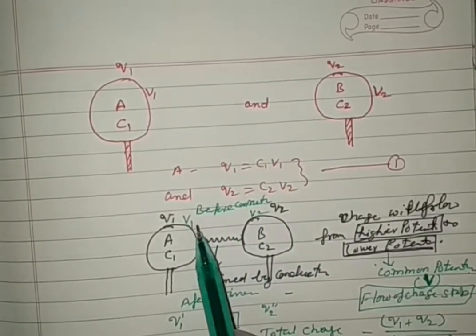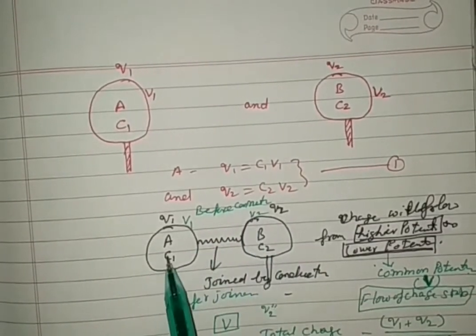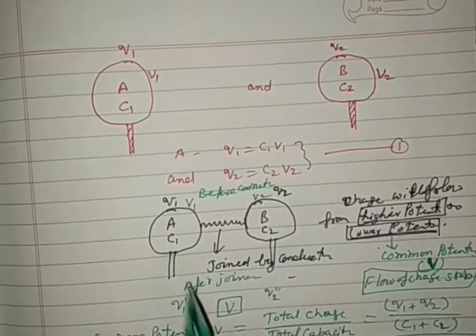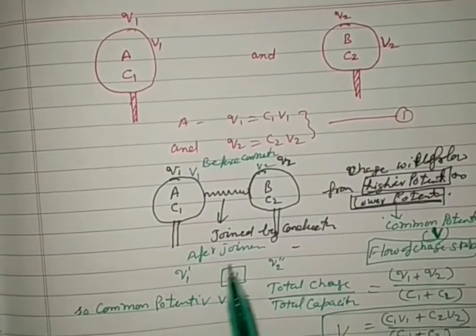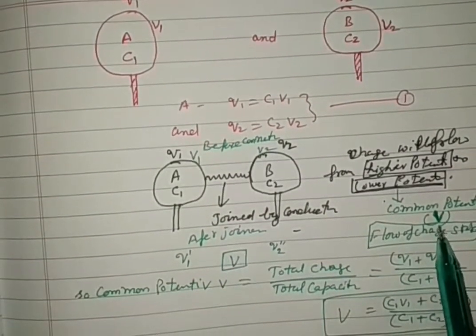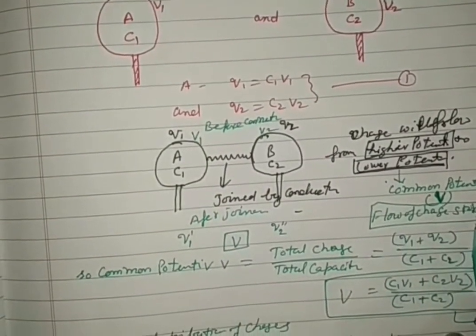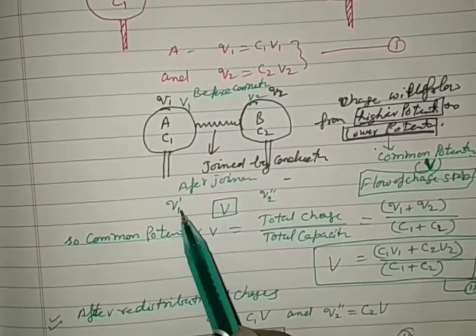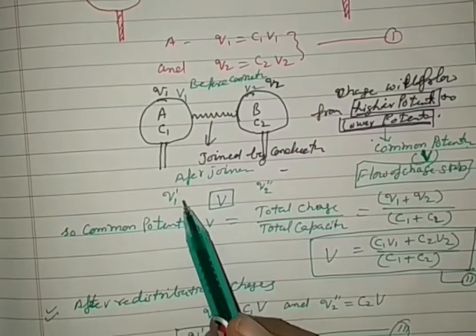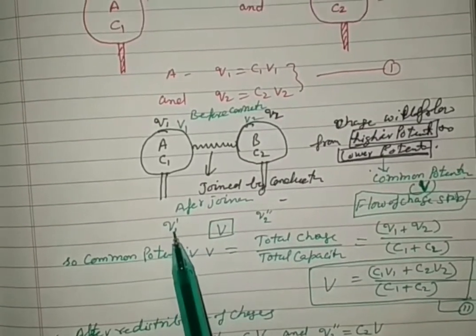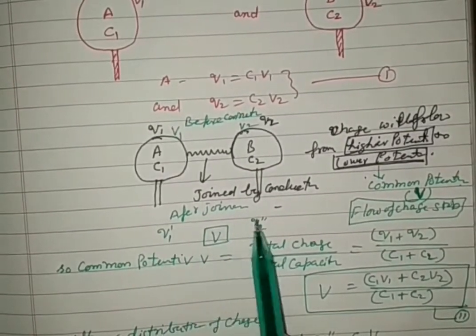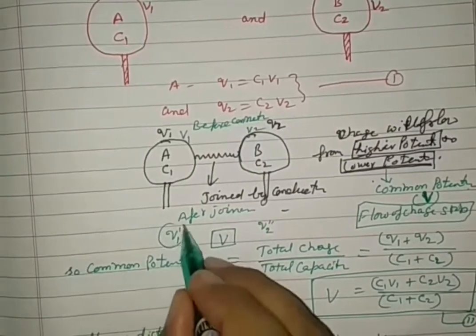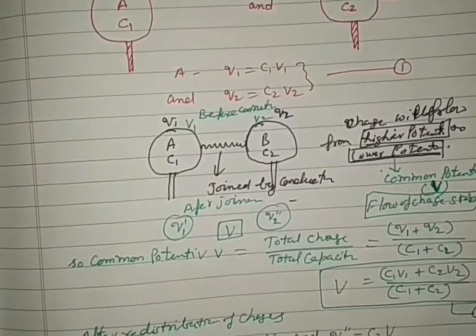If we imagine V1 is greater than V2, then charges will flow from higher to lower, until a common potential V. At common potential V, the flow of charge stops. So Q1 will decrease and Q2 will increase, and they will stabilize at equilibrium in the values Q1 dash and Q2 double dash.